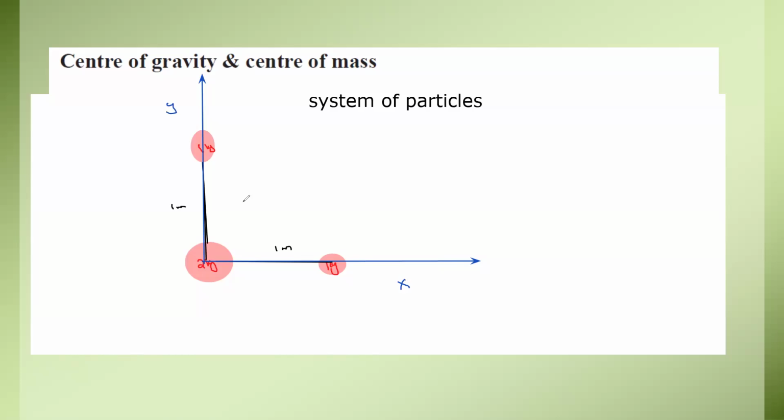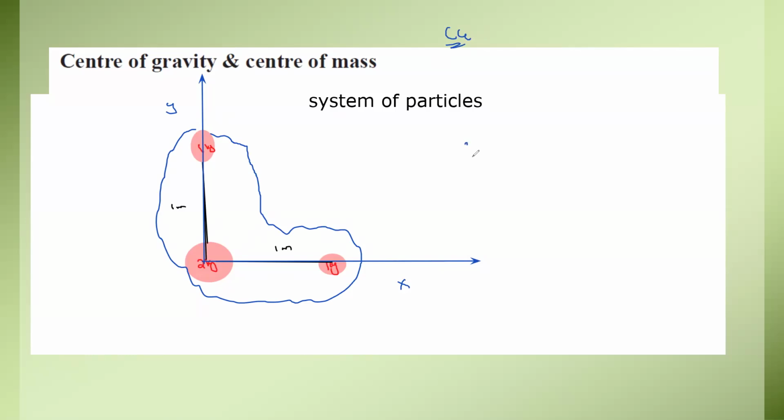So how can we work out the center of gravity or center of mass? Say 1 kilogram, 2 kilogram, and another 1 kilogram mass are attached by a rod. This is the object, and we want to determine at which position the center of gravity acts. So we will work out the coordinates of the center of gravity.